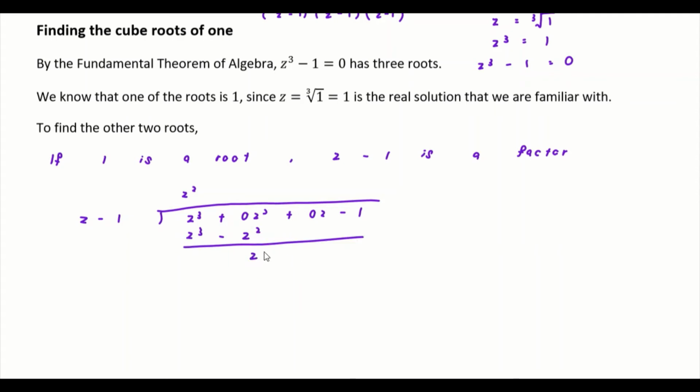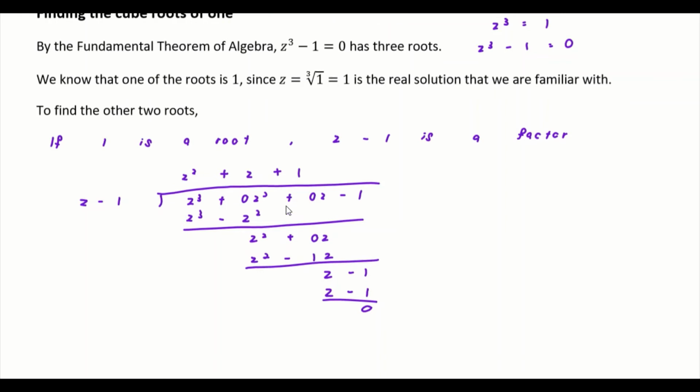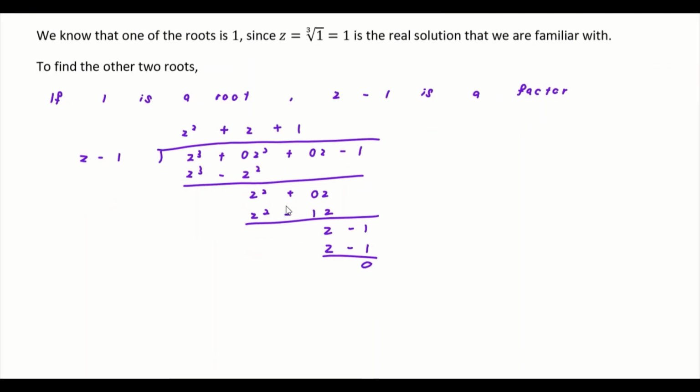Then I have z squared plus 0z, so plus z again. So z squared minus z. Then z minus 1, so I got plus 1. So you can see I can get the quadratic factor here, which is something that we did not find yet by using a normal approach.